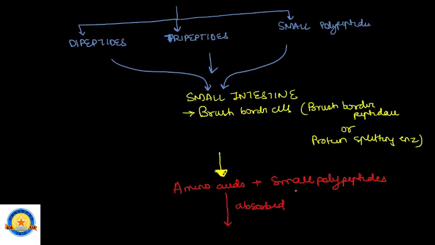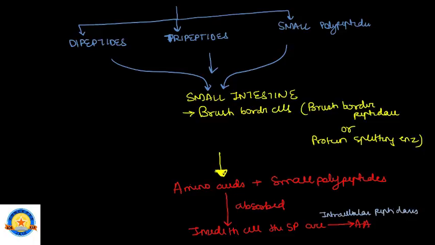When the small polypeptides are inside the cell, they are converted to amino acids by what? By an enzyme called intracellular peptidase.